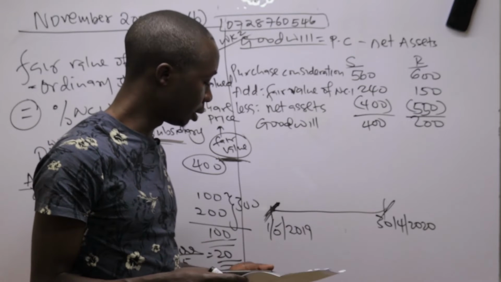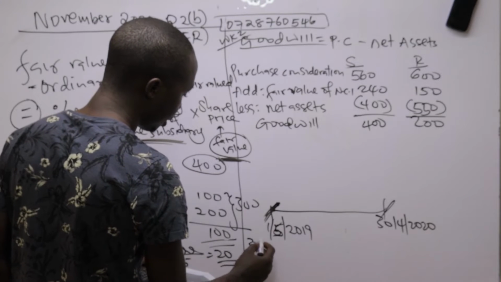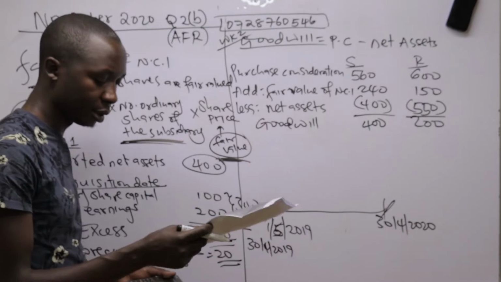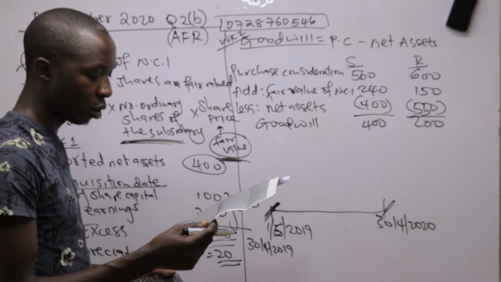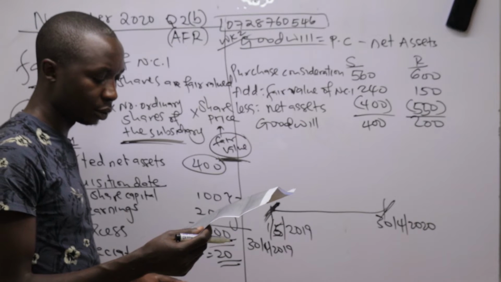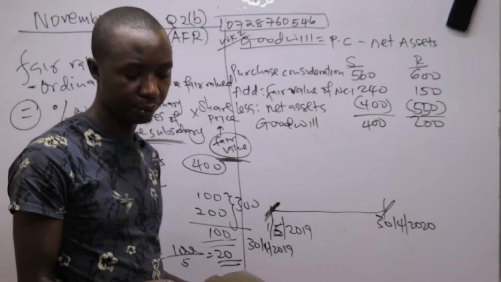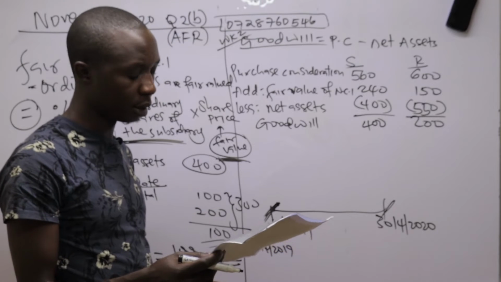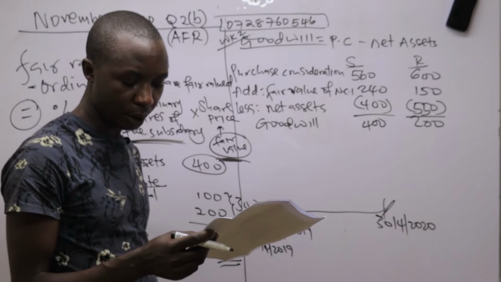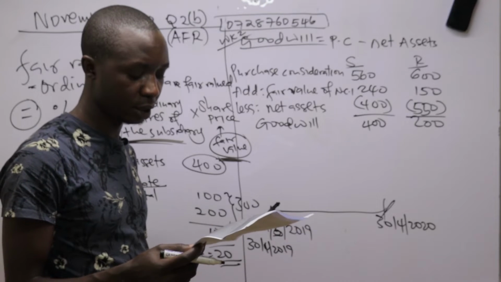As at 30th April 2019, which is the start of the year, because that is the end of the previous year, goodwill on acquisition of S had reduced in value by 15%. And as at 30th April 2020, had lost a further 5% of its original, very important, original value.